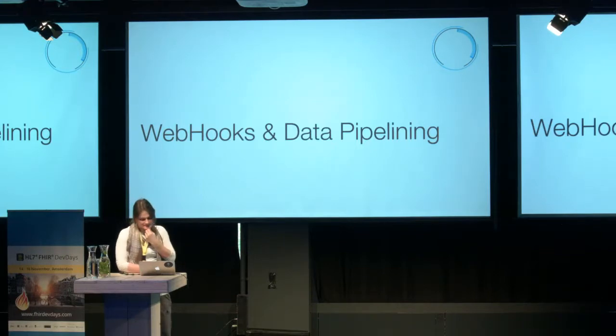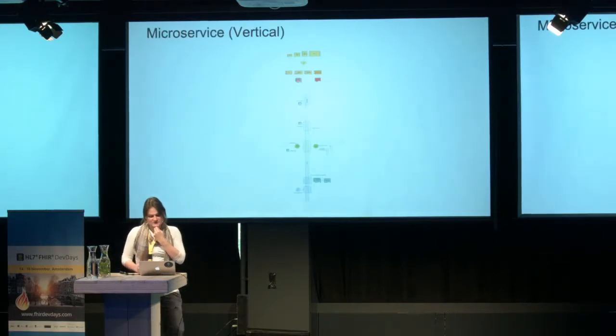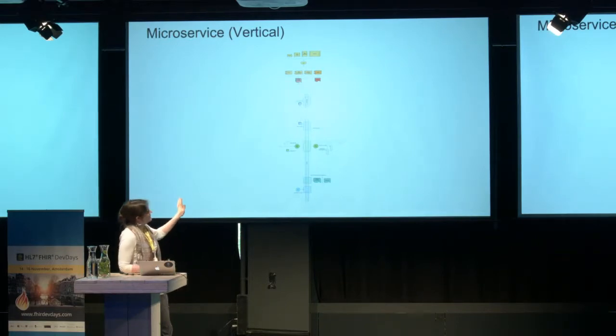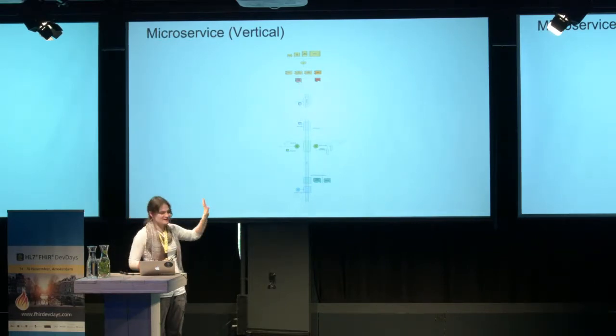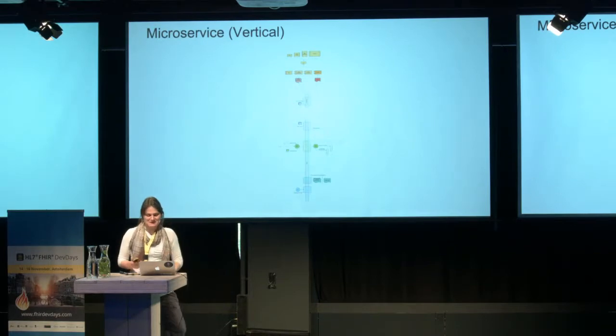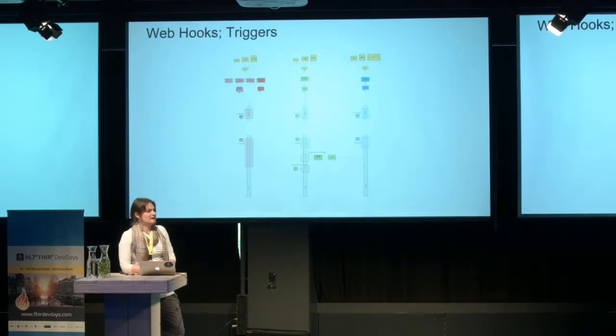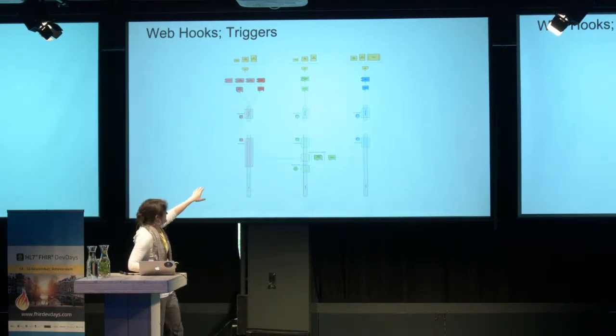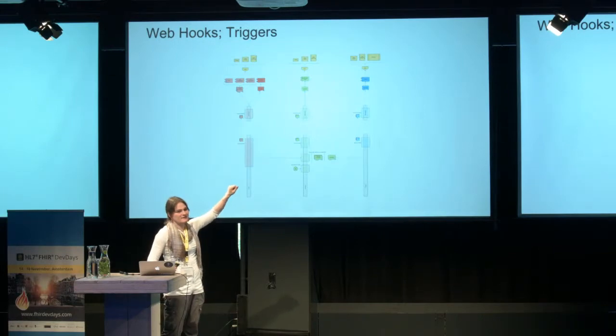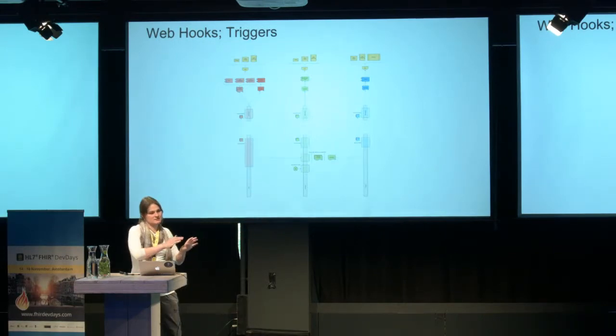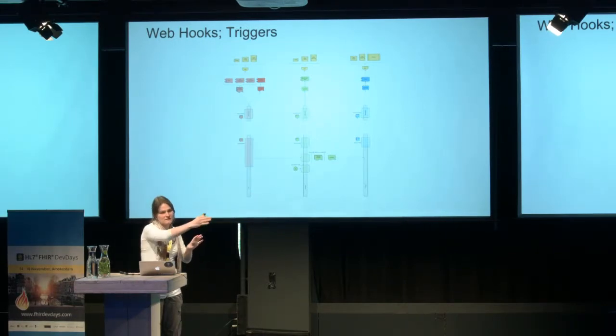Webhooks and data pipelining. So once you have this microservice together, let's take that mental diagram that we've been talking about and make it vertical, because we're going to put multiple of them together. We find a lot of success in data pipelining. So if this is patient and observation and results, you might chain them together.